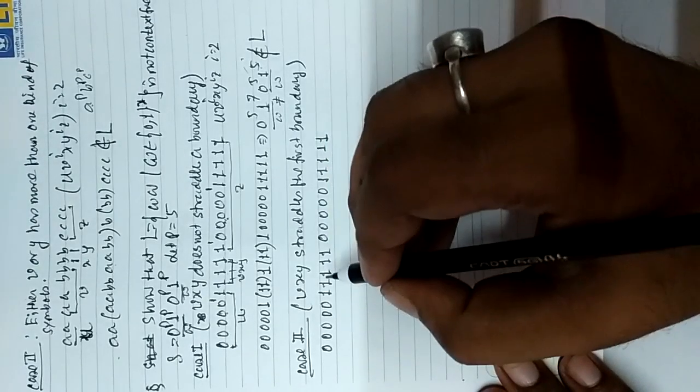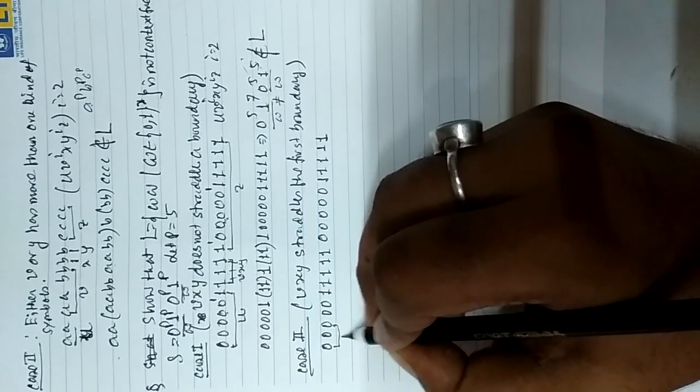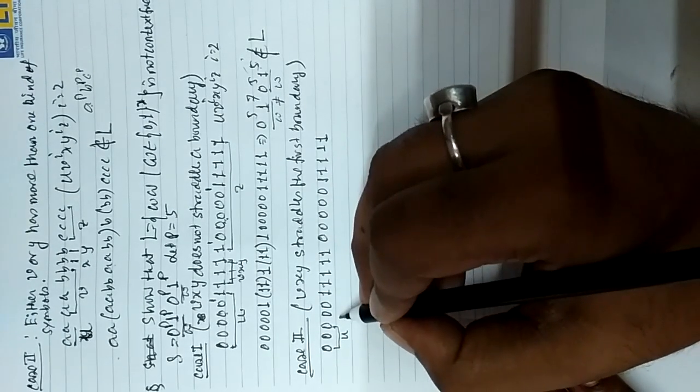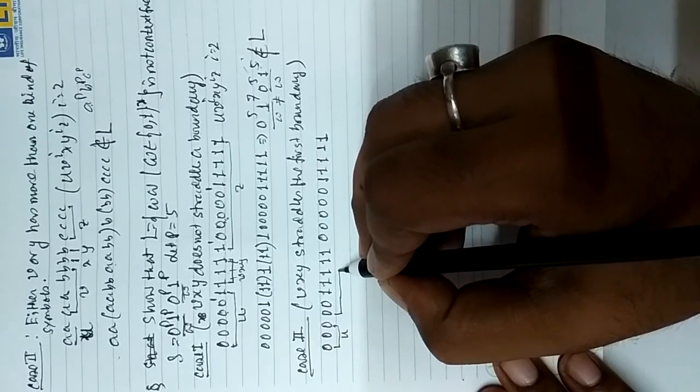Straddling the first boundary means we will consider this part also. Let us say this is U, and consider from this part to, let us say, 1 2 3, till this one.